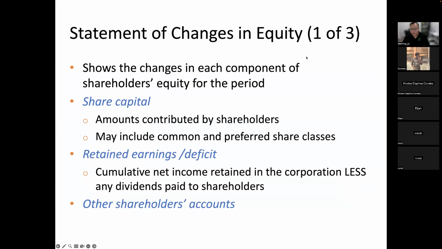So now let's take a look at the statement of changes in equity, okay? So in this statement, it shows the changes. Changes means you know the opening balance, the beginning and the ending. So the ending minus the beginning, that's the changes. Okay, so what are the components of the shareholders' equity?